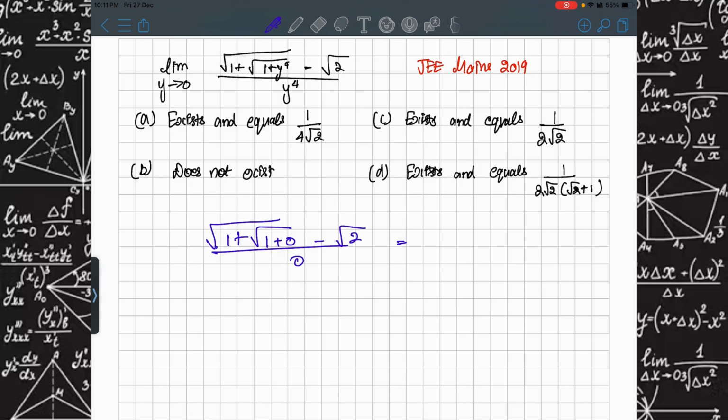So this is nothing but 1 plus 1 under root, it's 2, root 2. So root 2 minus root 2 divided by 0 is nothing but 0 by 0. So if it is a 0 by 0 form, you can use L'Hospital rule, right? People pronounce it like L'Hospital or sometimes L'Hopital. I usually pronounce it as L'Hospital, so let's continue with that.